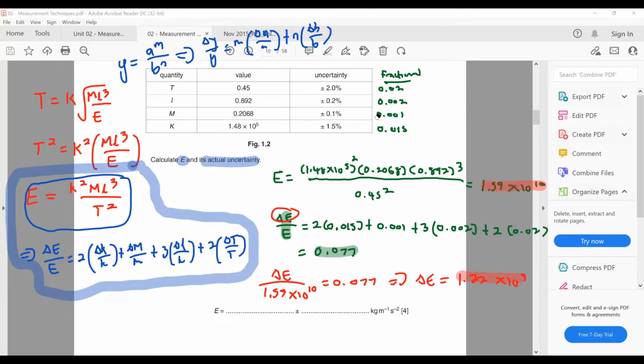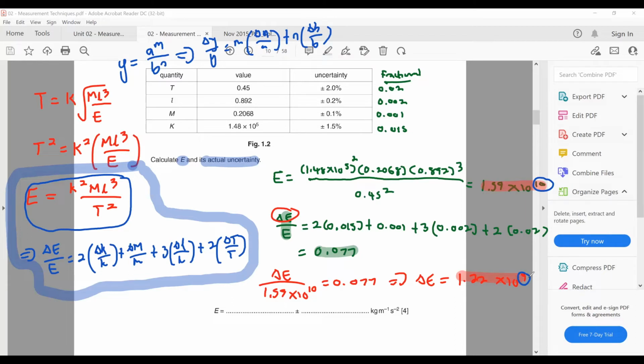Right, so now there's another thing here. You want to express it in your proper SF form. Before you can proceed any further, you would notice that this is 10 power 10, this is 10 power 9, right? It doesn't seem to match. You need to match the powers.